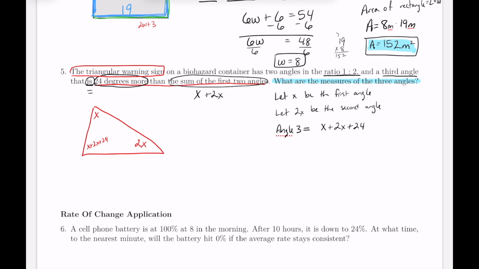Well, what do you know about a triangle? Hopefully, and if you don't know this, now you do, the sum of the interior angles of a triangle all add up to 180 degrees. Whenever we're working in Euclidean geometry, which we're going to be doing in this class, don't worry about it.